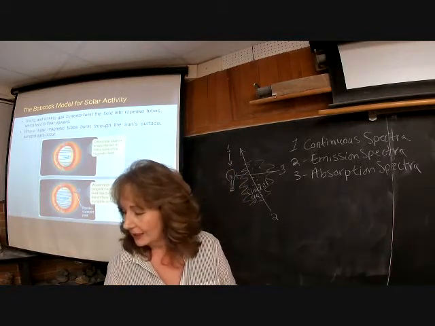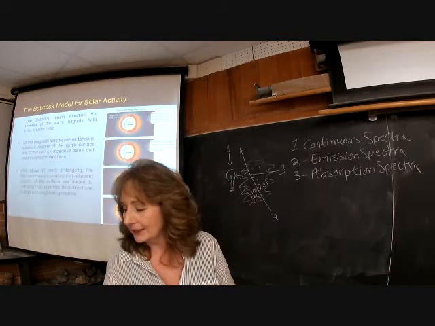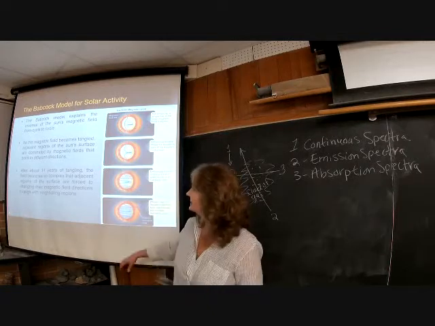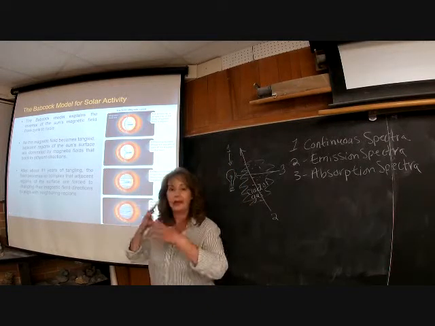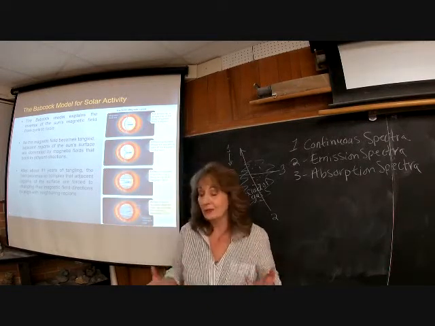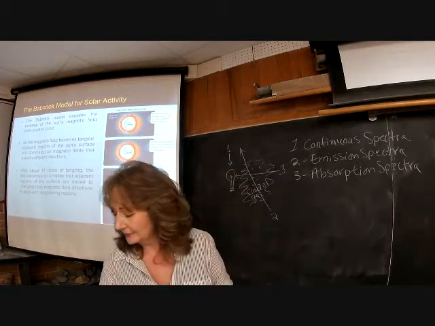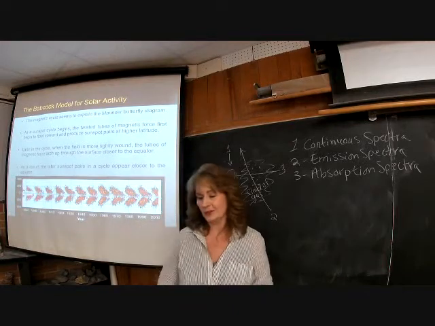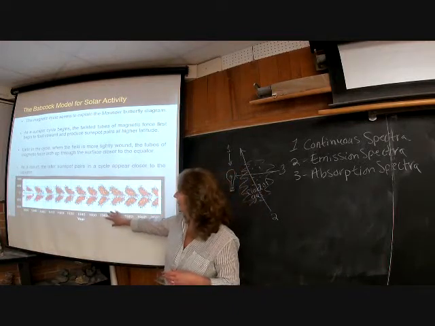And it's a good model that seems to really explain this 11-year cycle. After 11 years, it seems to untangle, and then that cycle starts over again. They're just showing these same things. So here we go.